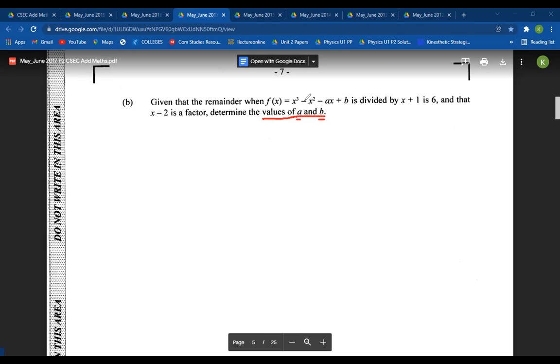You need to determine two constants, you're going to need two equations, solve them simultaneously. So that's the first thing I would think about when I see that they want me to determine the values of A and B. Because of that, I know I'm going to get two equations and I have to solve them simultaneously.